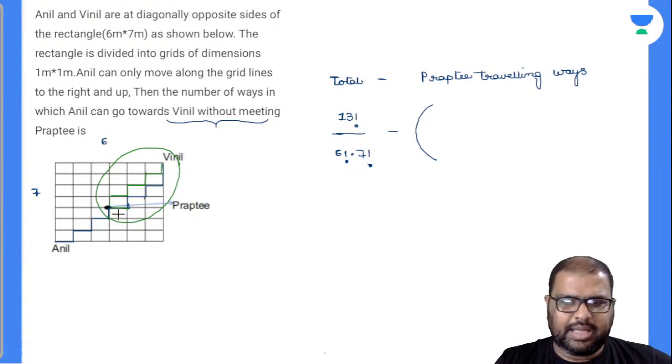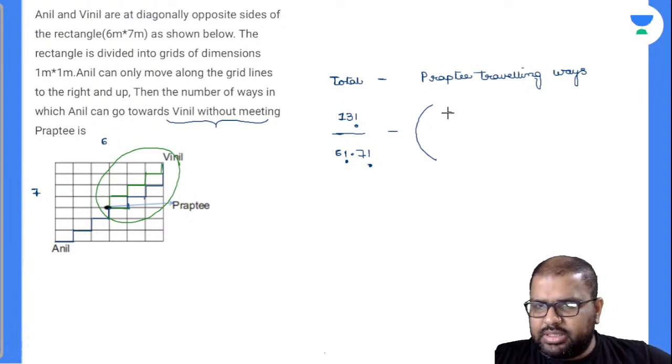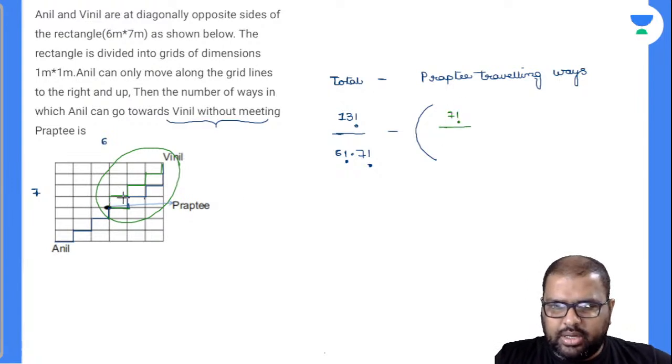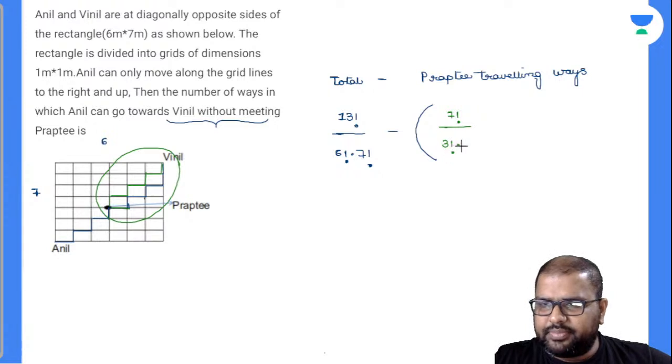Calculate this, 1 to 7. So this is Prapti moving towards Vinil: 7 factorial divided by how many horizontals are there? 1, 2, 3. So 3 factorial into 4 factorial.